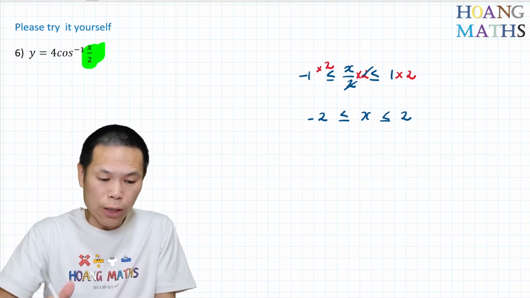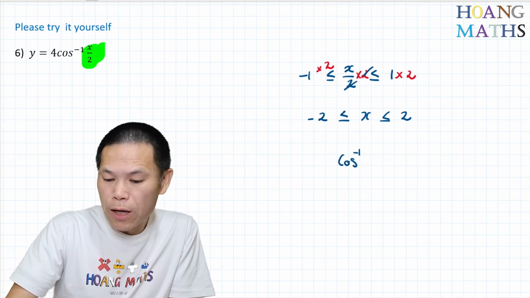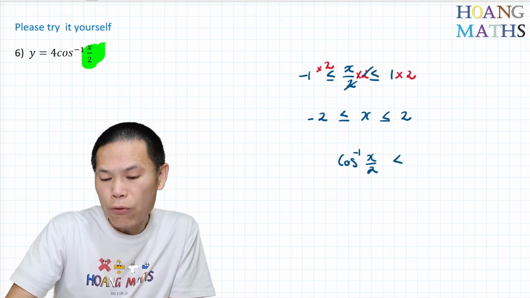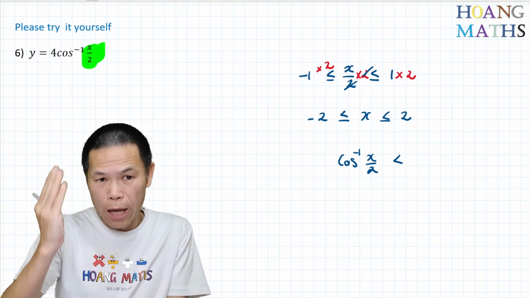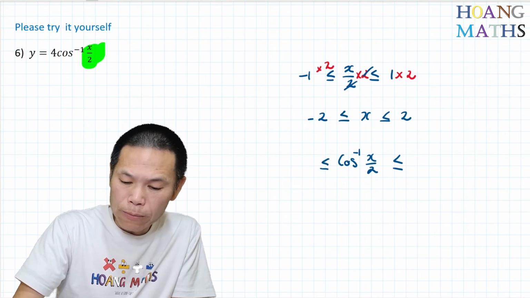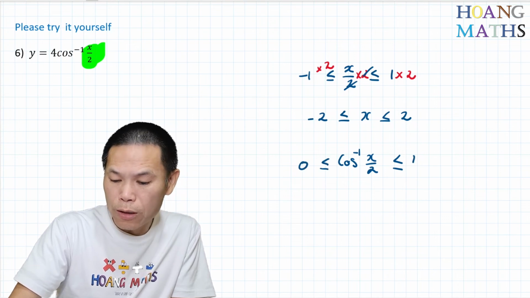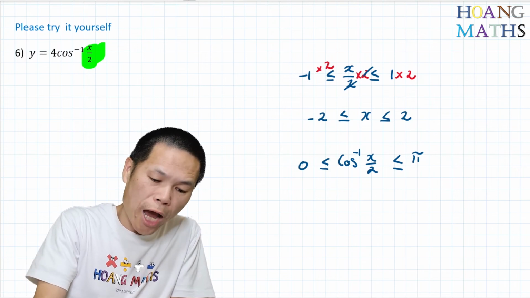And the range for this, so we know that is cos inverse of x over 2. The range for the inverse cos is always between 0 and pi. So inclusive, don't forget, this is 0, this is pi. But in this case here, we have 4 times that.